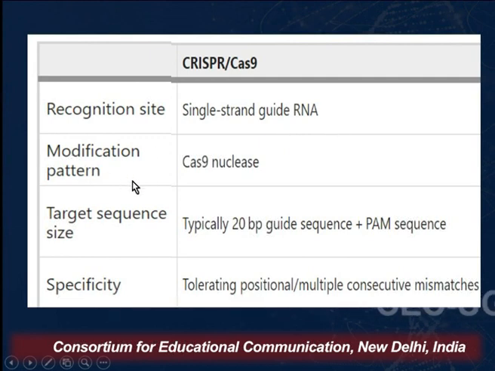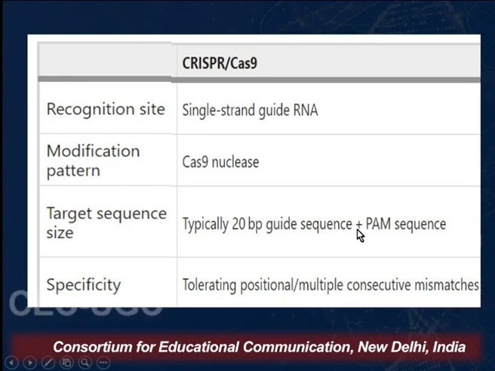The modification pattern is basically a nuclease. The target sequence size is typically a 20 base pair guide sequence plus a PAM sequence. So, this guide RNA sequence is approximately 20 base pairs in size, and the target site should also contain a PAM sequence, which we will discuss again later.